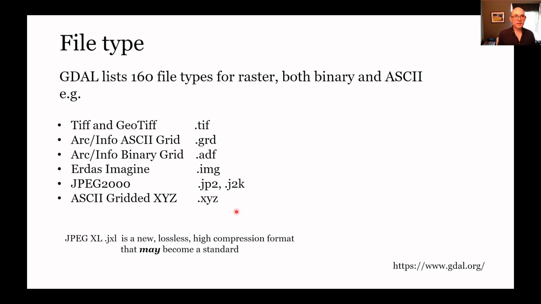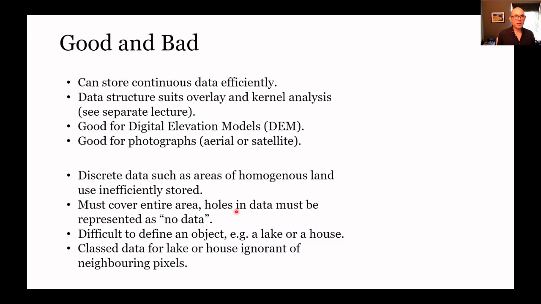So that's the end, I think, there, except to summarize with what's good and bad. Just to go over those main points again. What's good with raster? Continuous data is stored as efficiently as it can be in many cases. And we have a structure that allows us to do certain types of analysis.